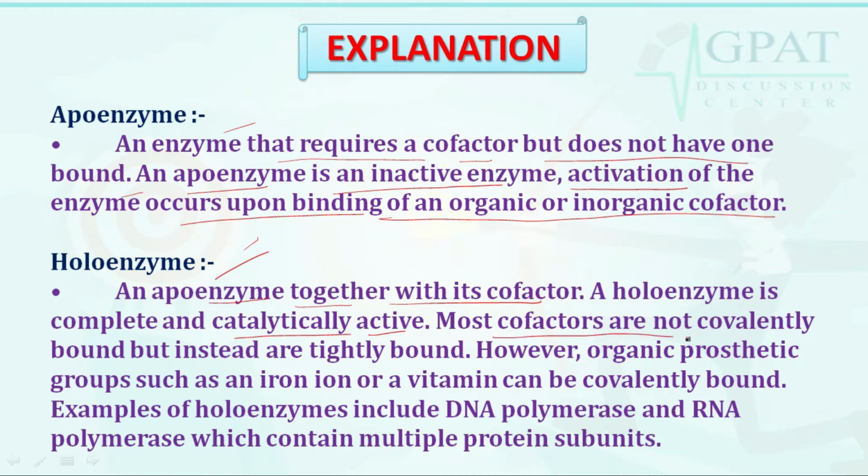Most cofactors are not covalently bound but are instead tightly bound. However, organic prosthetic groups such as iron or vitamins can be covalently bound. Examples of holoenzymes include DNA polymerase and RNA polymerase, which contain multiple protein subunits.